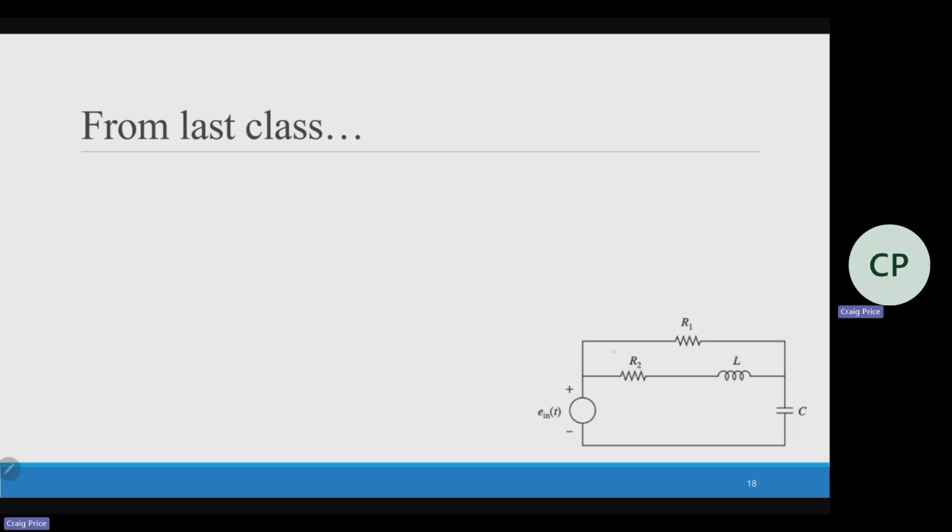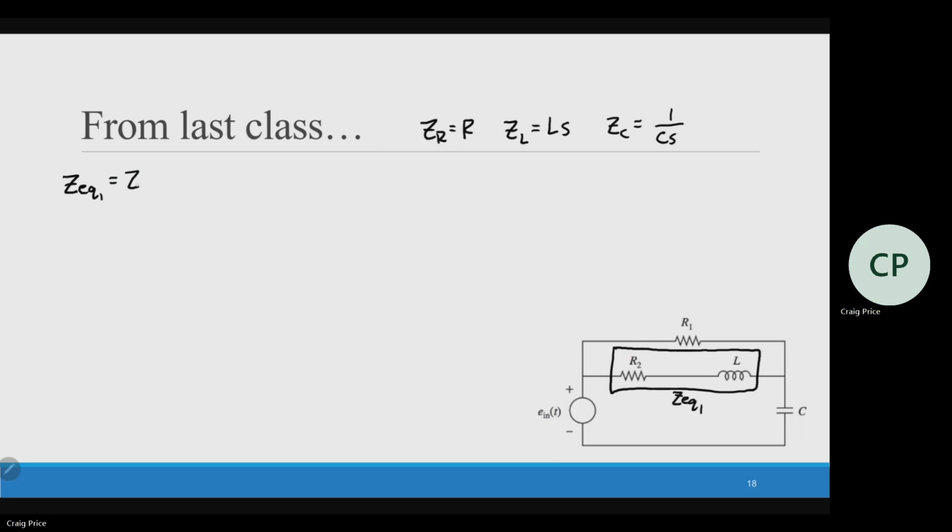So first off, I'm going to turn this into Z equivalent 1. So resistor, inductor, capacitor. So Z equivalent 1 is just they're in series. So that just means I add them.